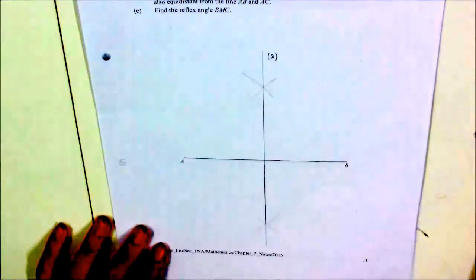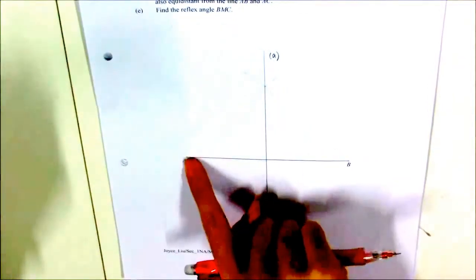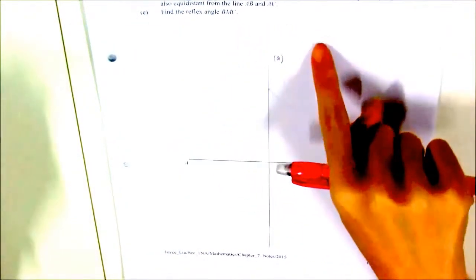At this point of time, you have a choice. You can first choose to draw the 7.3 centimeter first, or we can draw the angle first. In our case, our suggestion to you is to maybe draw the angle first. So let's take our protractor. Remember, BAC will be from B, A, and C should be around this portion.